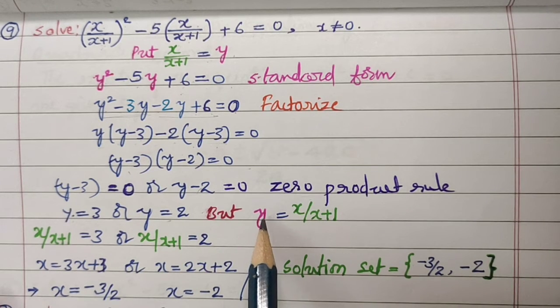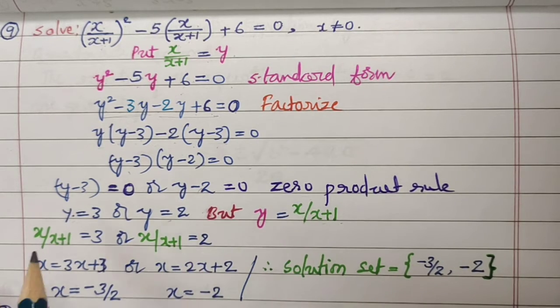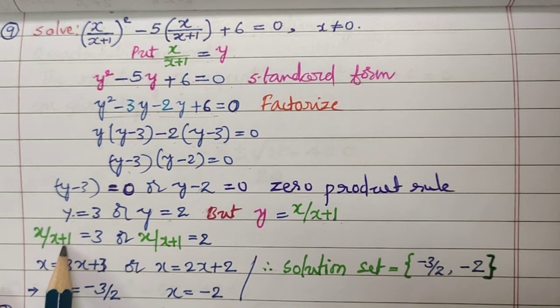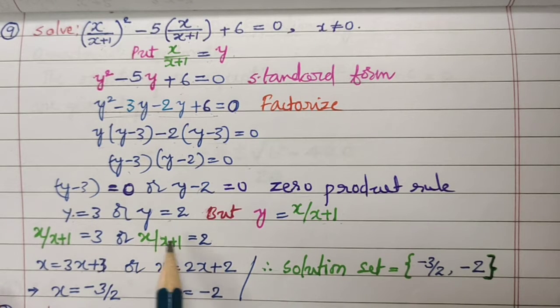But we know that we have substituted y = x/(x+1). Bring it back here. So y = 3 means x/(x+1) = 3, or x/(x+1) = 2. Cross multiply: x = 3x + 3, or x = 2x + 2. x = −3/2.